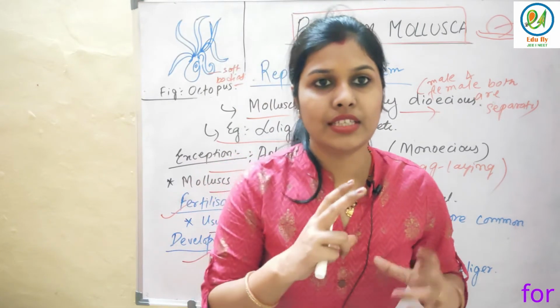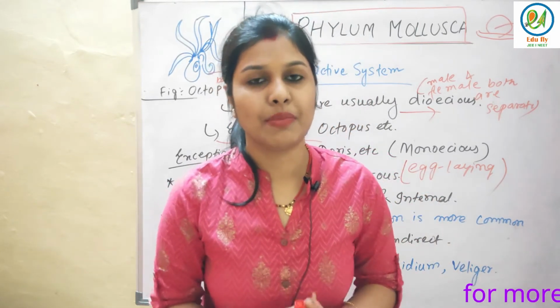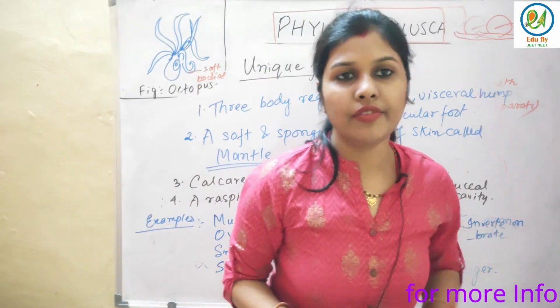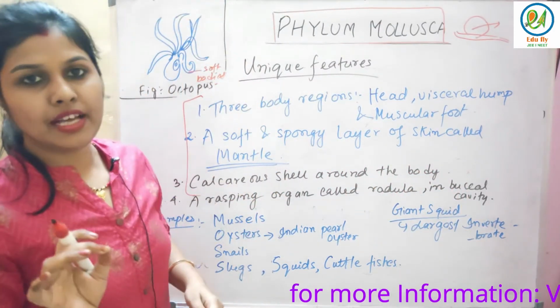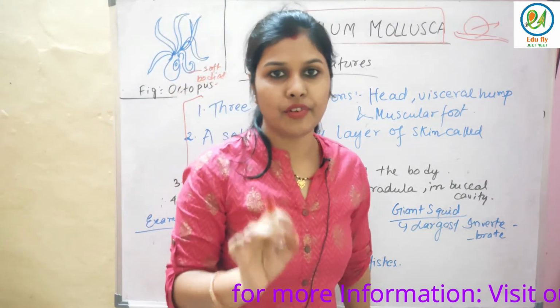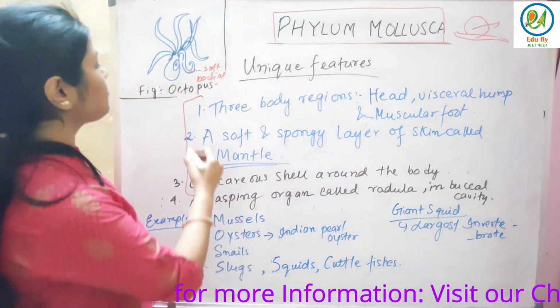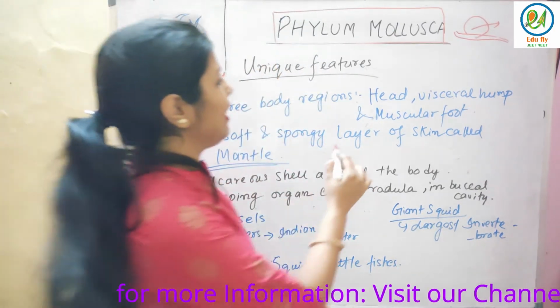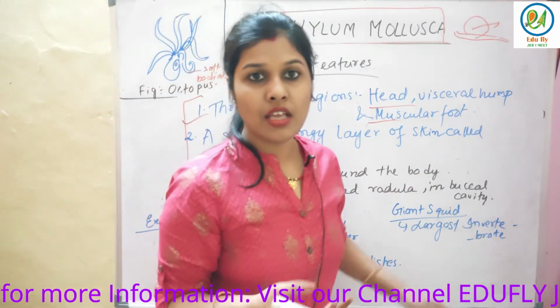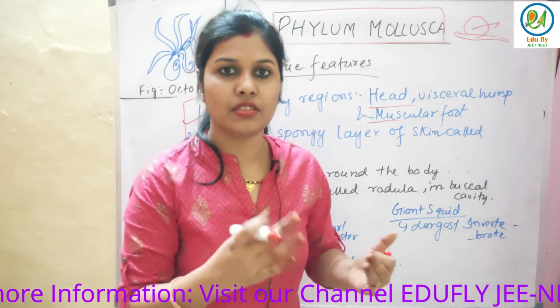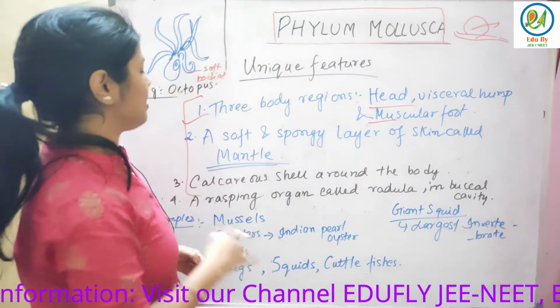We'll see the unique features and then some examples of mollusks. This is last minute revision for those preparing for NEET 2020. Three body regions: head, visceral hump and muscular foot. I have already discussed this.